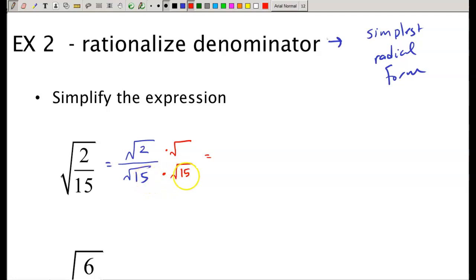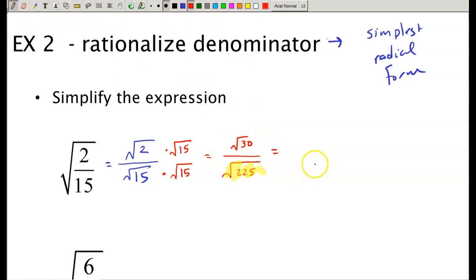So if I multiply the bottom by itself, the square root of 15 times the square root of 15, then I would get the square root of 15 squared, or 225 you could write it as. Now if I do that to the bottom, I'm going to do that to the top. So the top would become the square root of 30. Now because of the way that we did this, the square root of 225 right here is a perfect square, right?